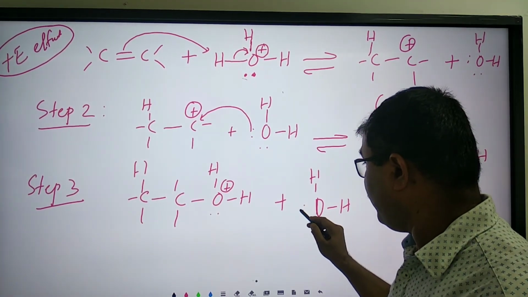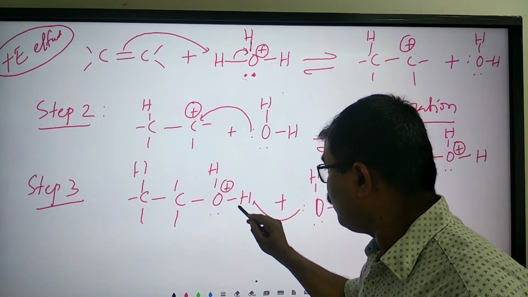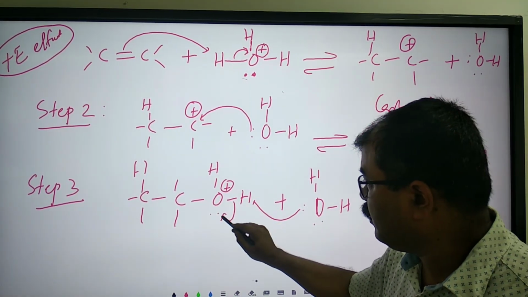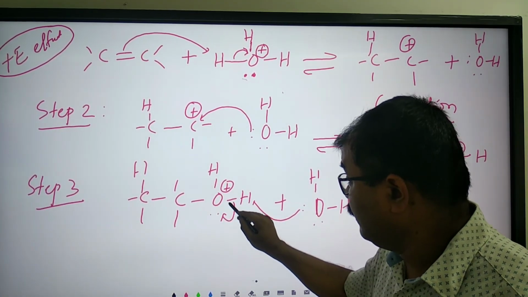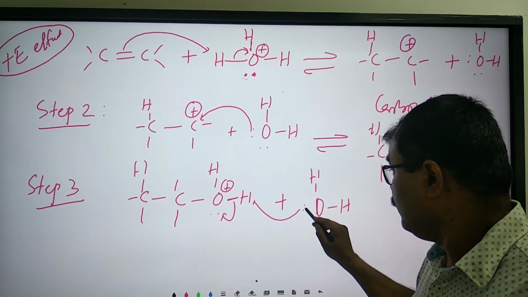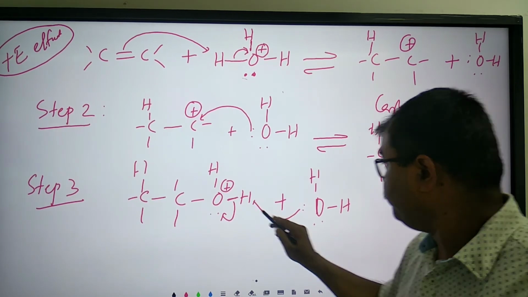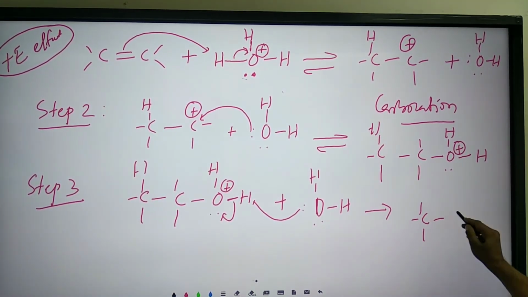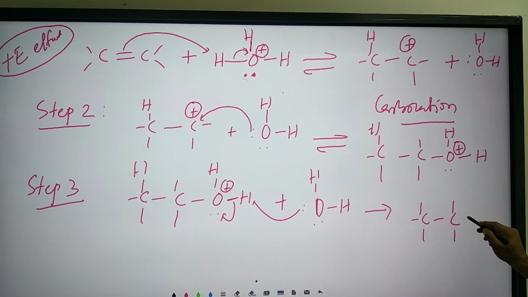Here you can show like this. This proton will be taken back. This is not the pi electron, this is the sigma electron, which will move towards this oxygen. This will give back the proton, and as a result, what will form? Alcohol will form. We can show this OH here.